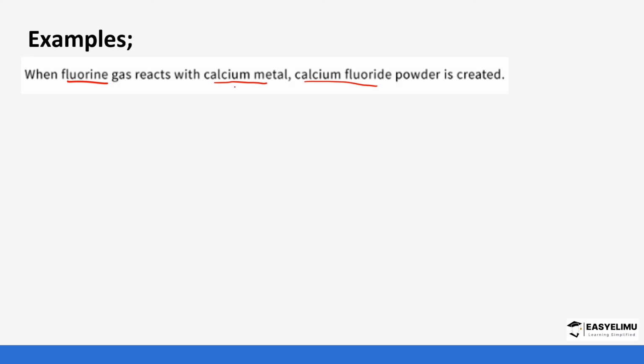In this case, we start with calcium, so it's calcium reacts with fluorine gas to form calcium fluoride powder.